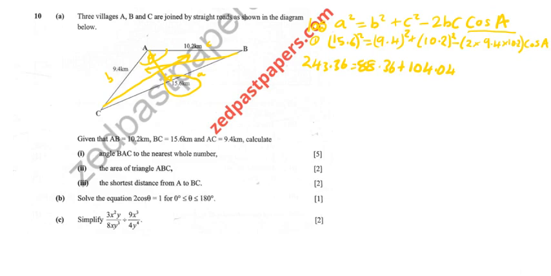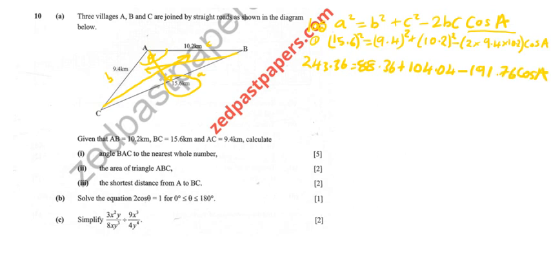Now here you just do directly 2 multiplied by 9.4 multiplied by 10.2. When it multiplies with a negative, you are going to have negative 191.76 cos a, like that.